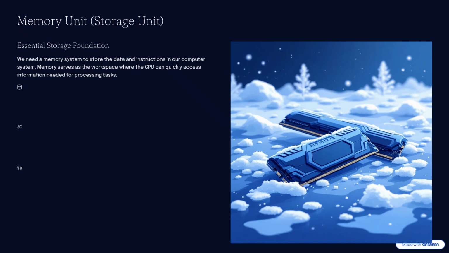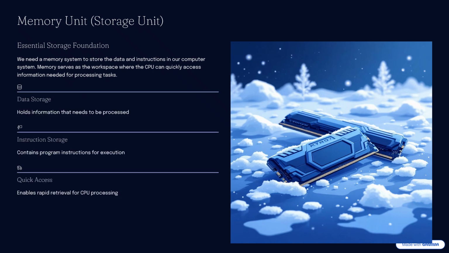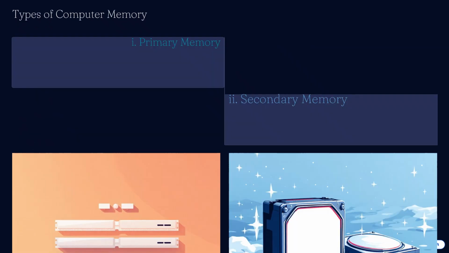This memory unit is divided into two different types. One is called the primary memory, the other is called the secondary memory. The primary memory is also known as the temporary memory or the volatile memory.